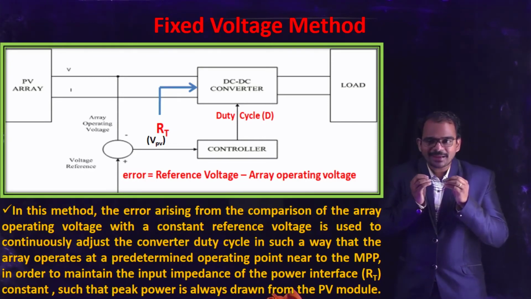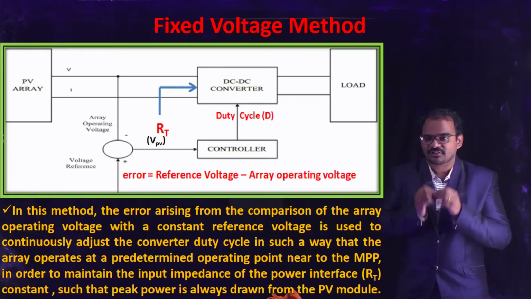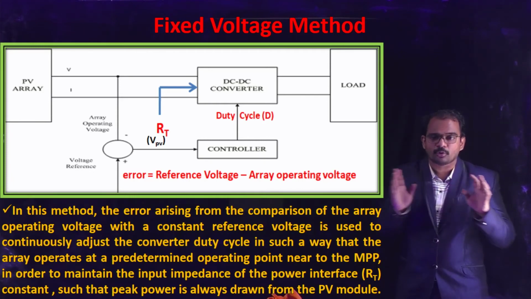In order to maintain the input impedance RT of the power interface of the DC to DC converter block constant, such that peak power is always drawn from the PV module.